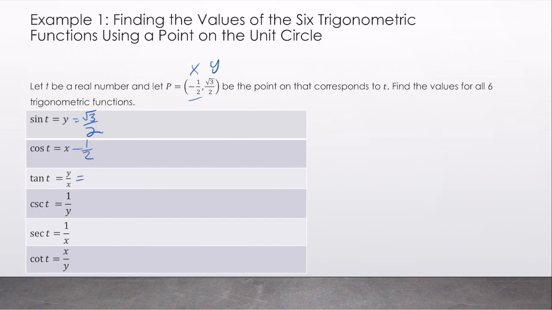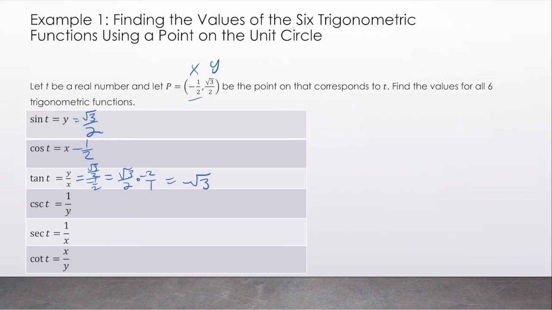Tangent of t is going to be y over x, so I've got the square root of 3 over 2 over negative 1/2. That's going to give me the square root of 3 over 2 times negative 2 over 1, which simplifies to negative square root of 3.